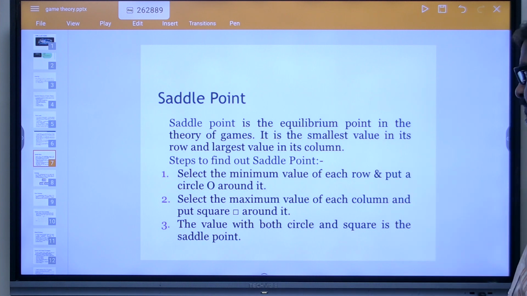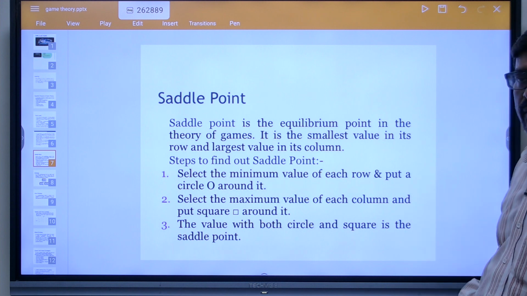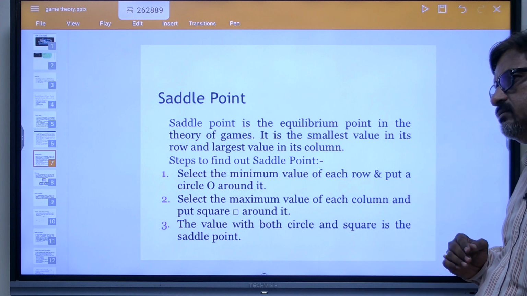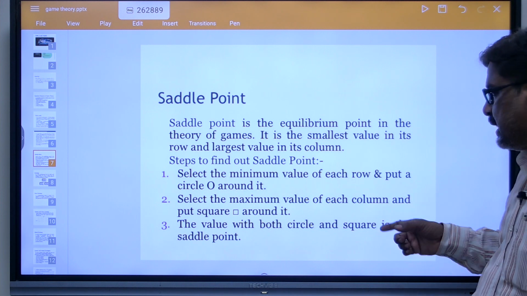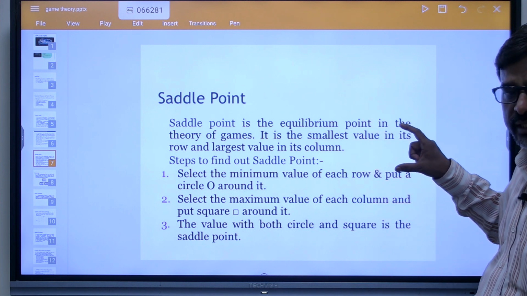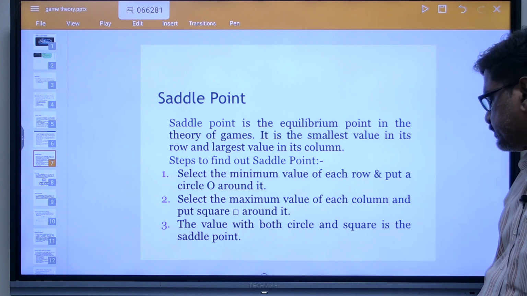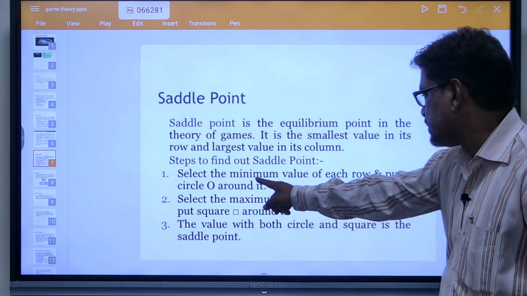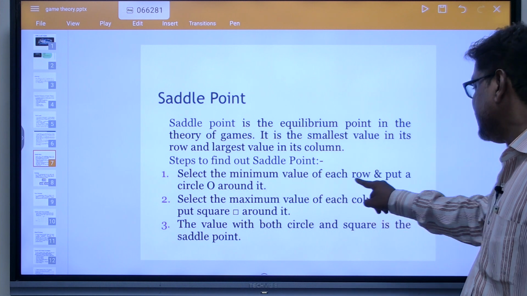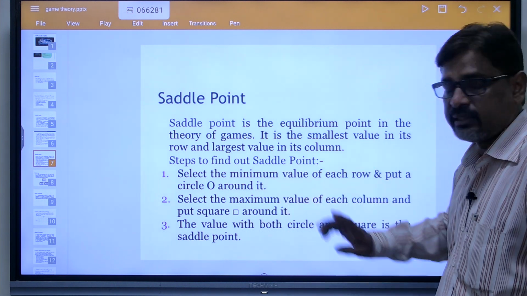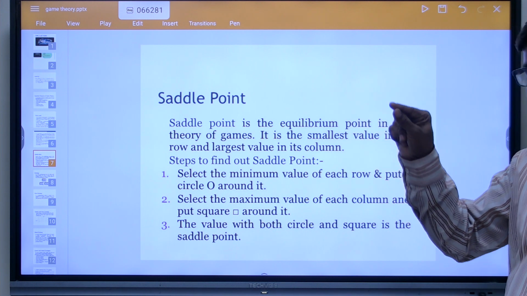Now, here are the steps. Select the minimum value of each row. Generally, we have our selections in the rows, where we have the profit making body, and in the columns we have the loser. So, among the various rows which represent the profit making body, select the minimum value of each row and put a circle around it. In each row, whatever value is the minimum one, you make a circle.